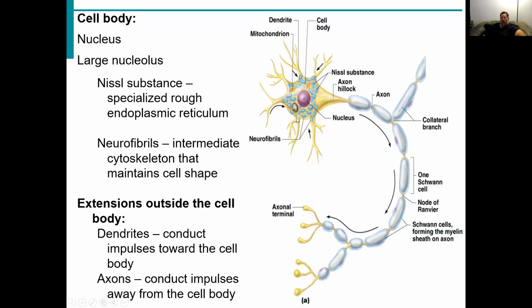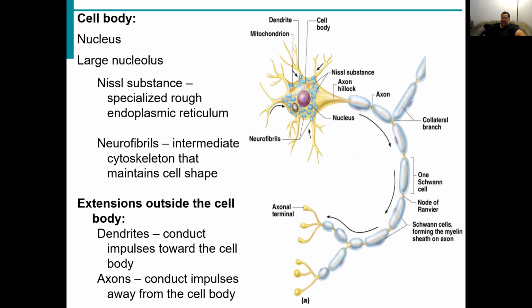So again, there's a large nucleolus inside the nucleus, and it's important for making ribosomes. And the ribosomes, if you remember, attach to the endoplasmic reticulum, making a rough endoplasmic reticulum. Hopefully you remember that from cell biology.